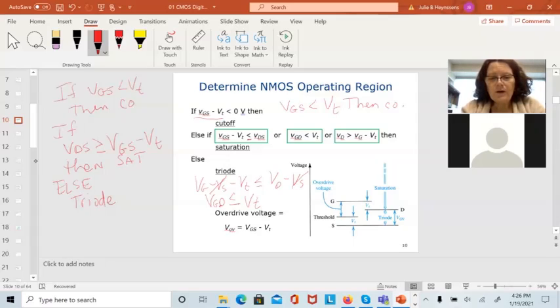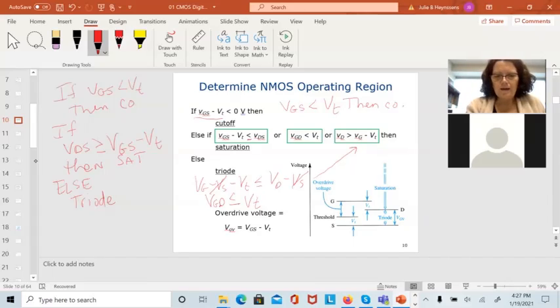I could take this equation, and I got to the second one just by doing this, adding VS to both sides, and I got to the third one with a little bit of rearranging. They're basically the same equation. This VGS minus VT shows up in so many equations.